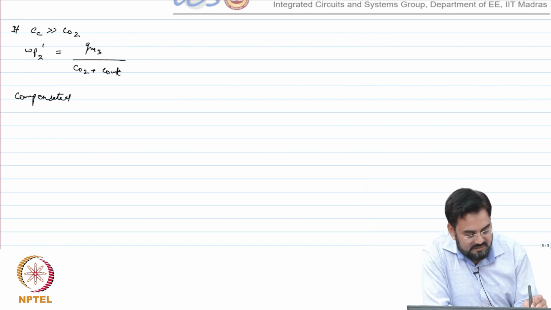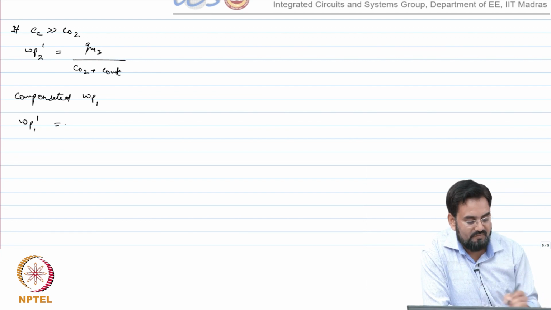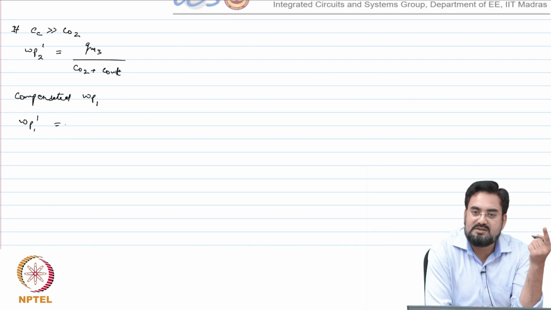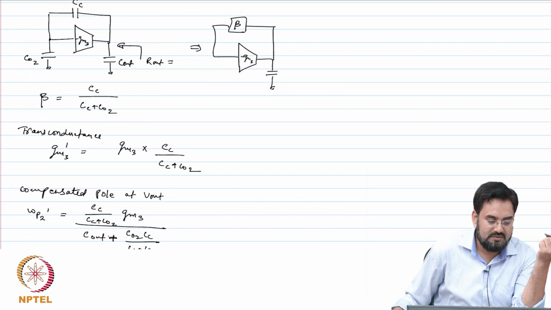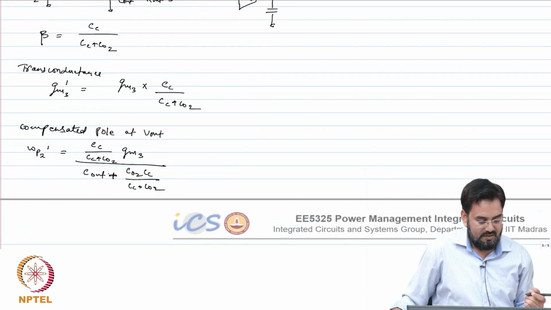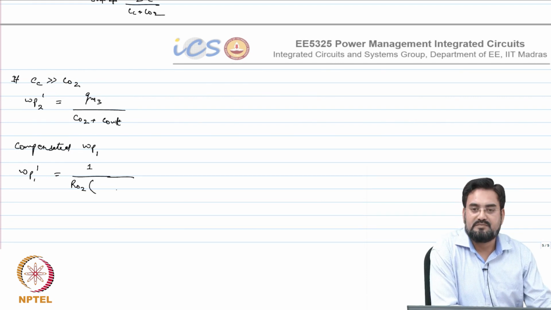Compensated omega P1, what will that be? So, what was the original? Original was 1 over RO2 CO2. So, 1 over RO2, and what will happen to the CO2?